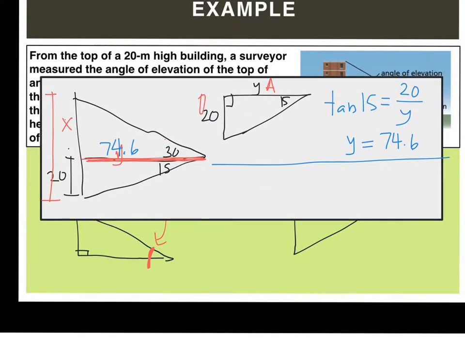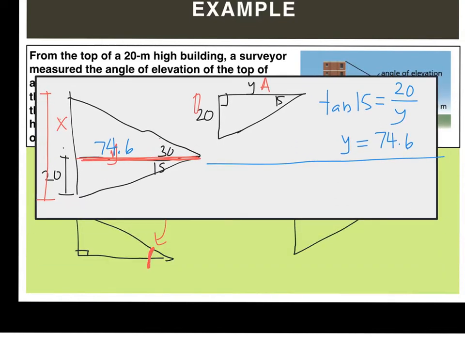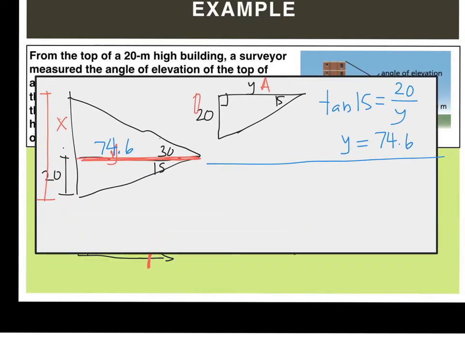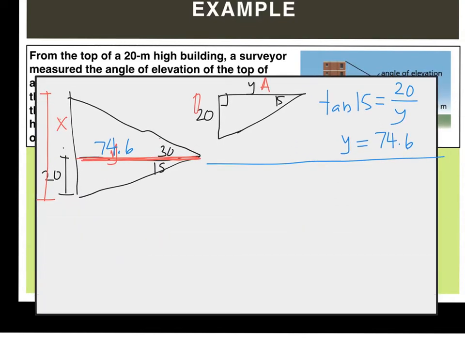It would still be opposite over adjacent, so we would still be using tan. If I look at the other triangle, it's a bit bigger. It has a 30 degree angle. This is that 74.6 number, but remember it goes on. It's not just 74.6. And I want to find x.